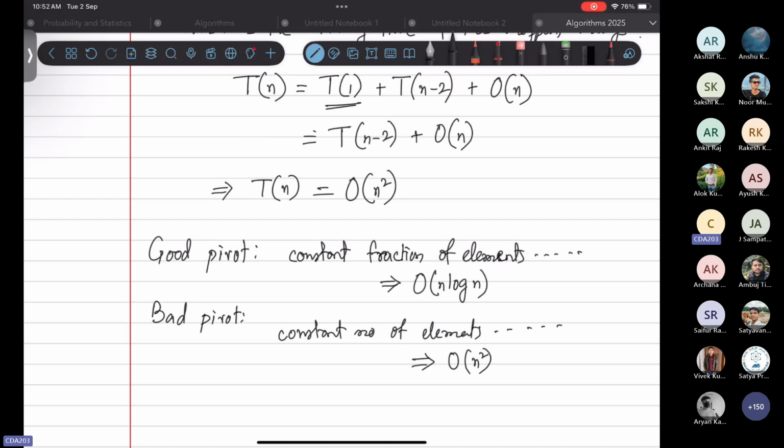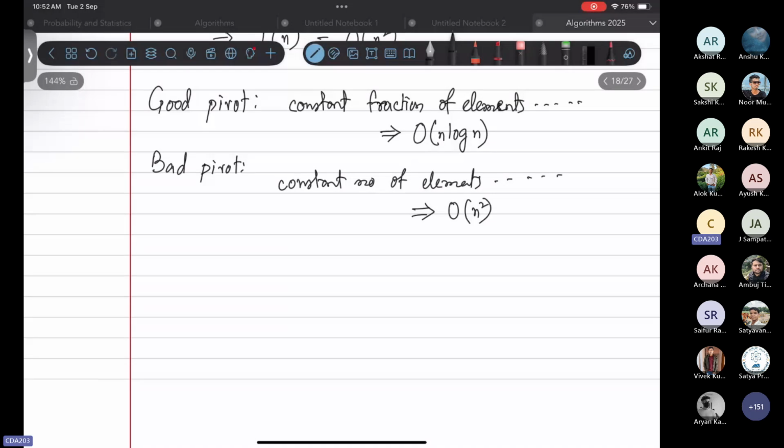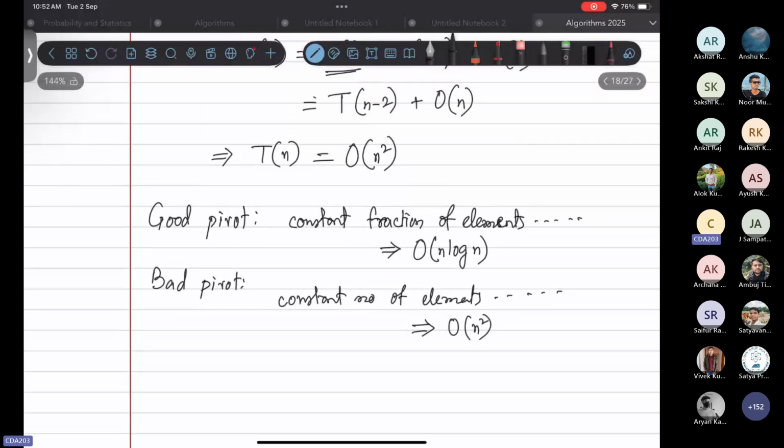So what we have discussed, this is the bottom line. If a constant fraction of the elements is going to one part, then we have n log n running time, and I'll call that type of pivot element a good pivot element.